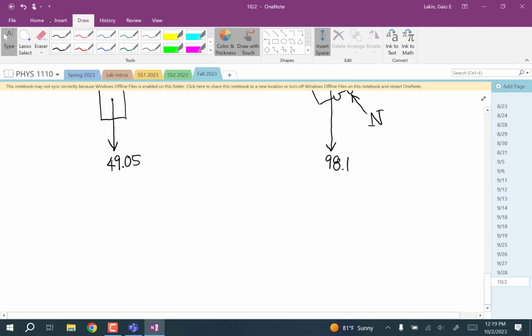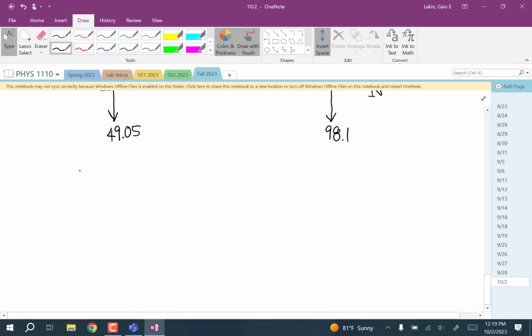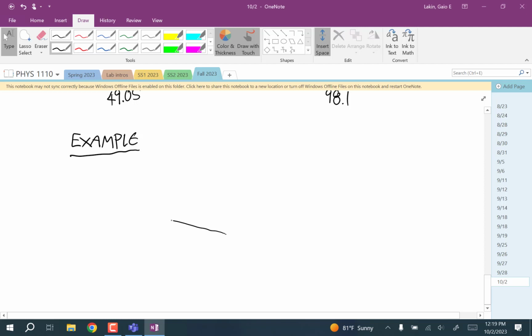Let's do a problem. Let me give you a chance to think through this. So let's say we have an incline this way. And we have two objects connected to each other by a string.